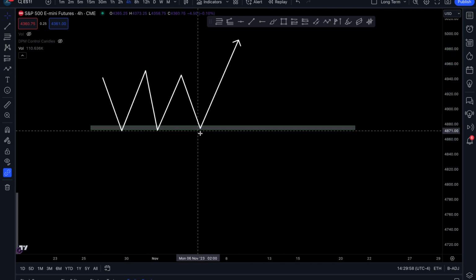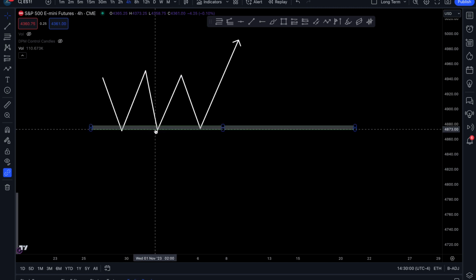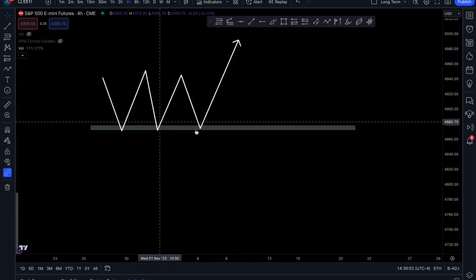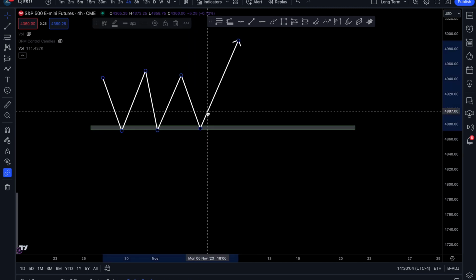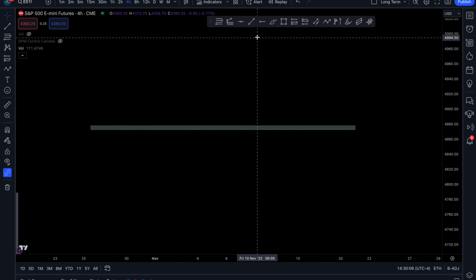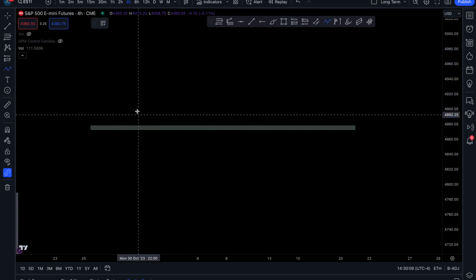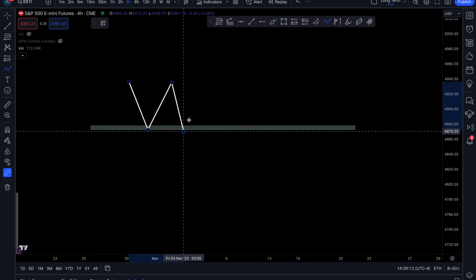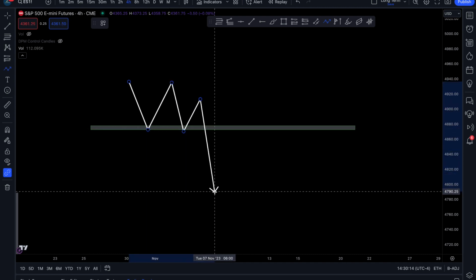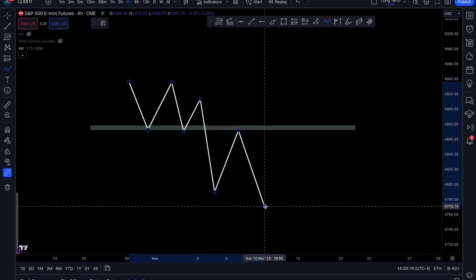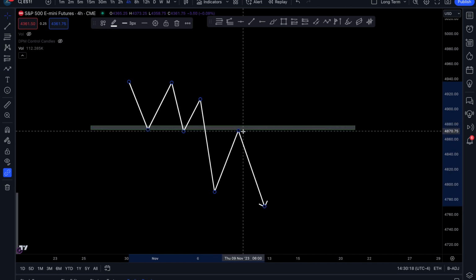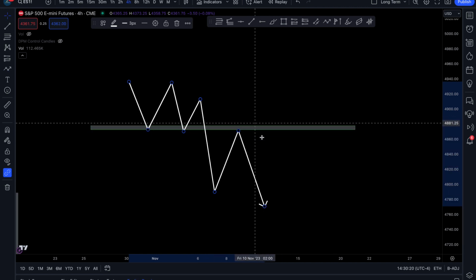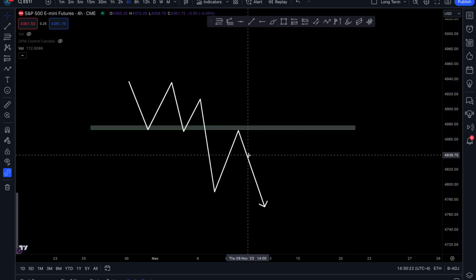Probably not going to be taking this. So we had our two touches, which is when I would identify this level, but I'm probably not going to take this one. What may occur more commonly is I have one, two, a breakthrough, and then take this. Sometimes I'll even take the second one from this side.